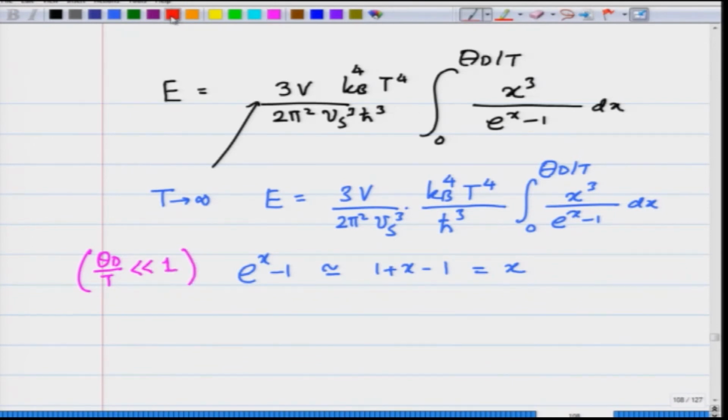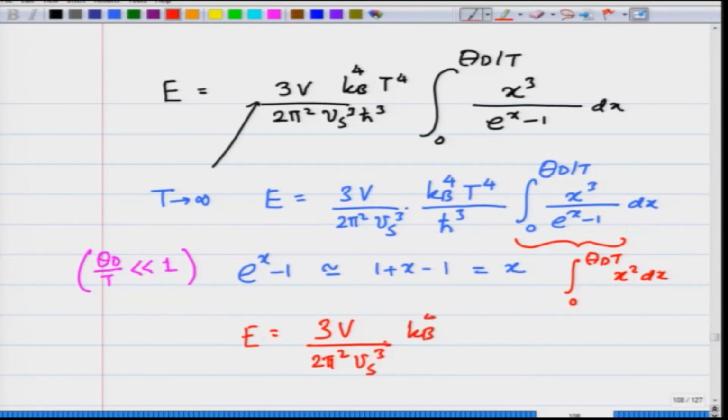And this immediately tells me that this integral is 0 to theta_D over T of x square dx, and therefore, I can write the total energy E as 3V over 2 pi square V_s cubed, k_B raised to 4, T raised to 4 over h cross cubed times theta_D cubed over T cubed. Cancelling this T cubed with T raised to 4 and getting T here, I get E is proportional to T. So, energy in the limit of large temperature comes out to be proportional to T.